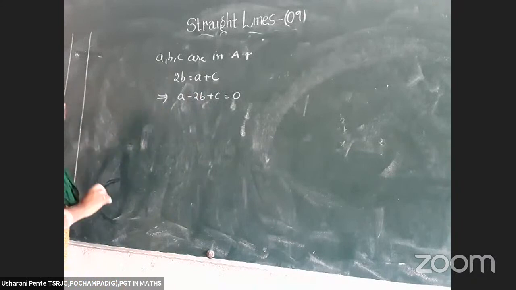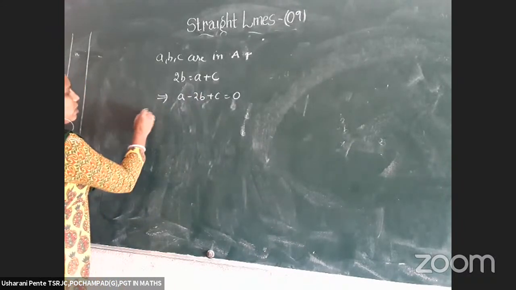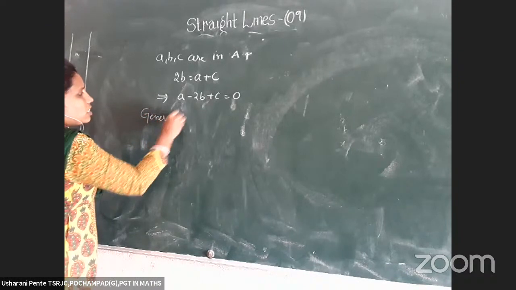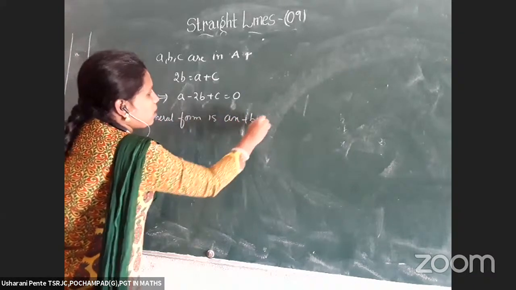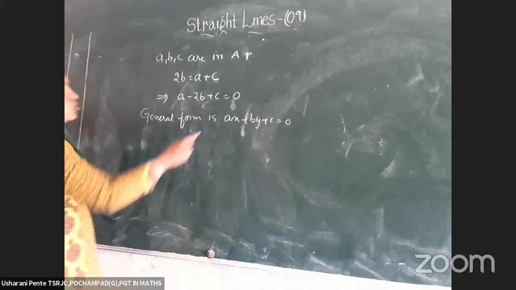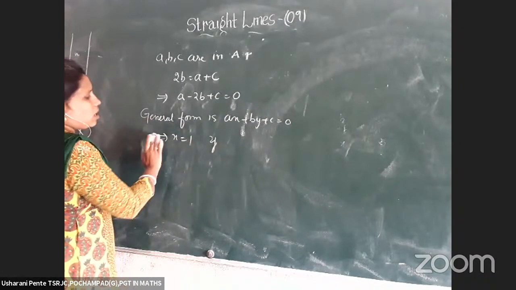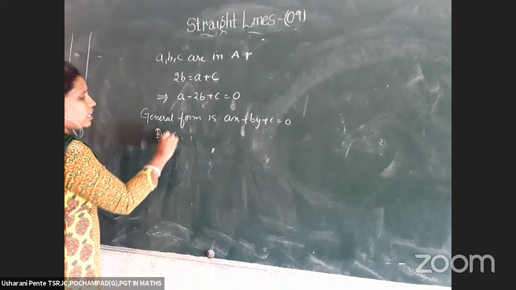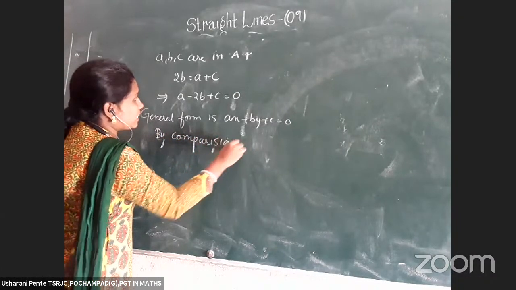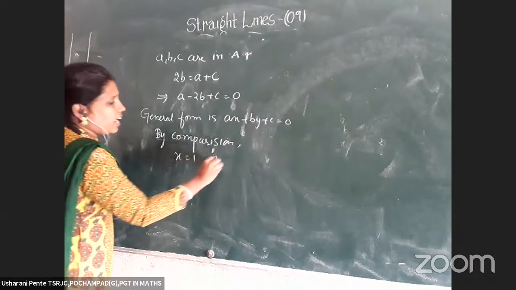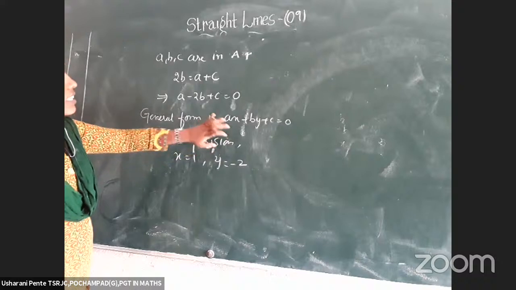If we compare it with the general form, AX plus BY plus C is equal to 0, by comparison we will get that x is equal to 1 and y is equal to minus 2.